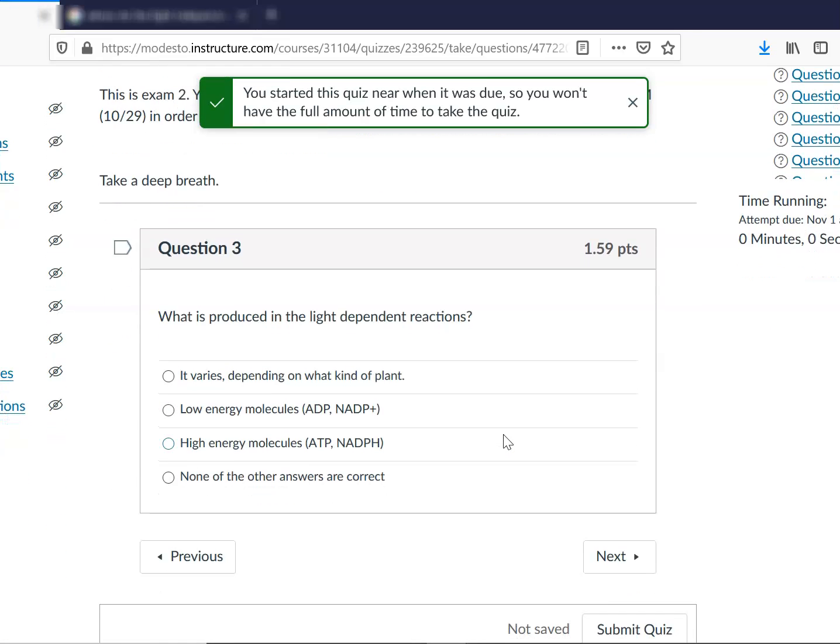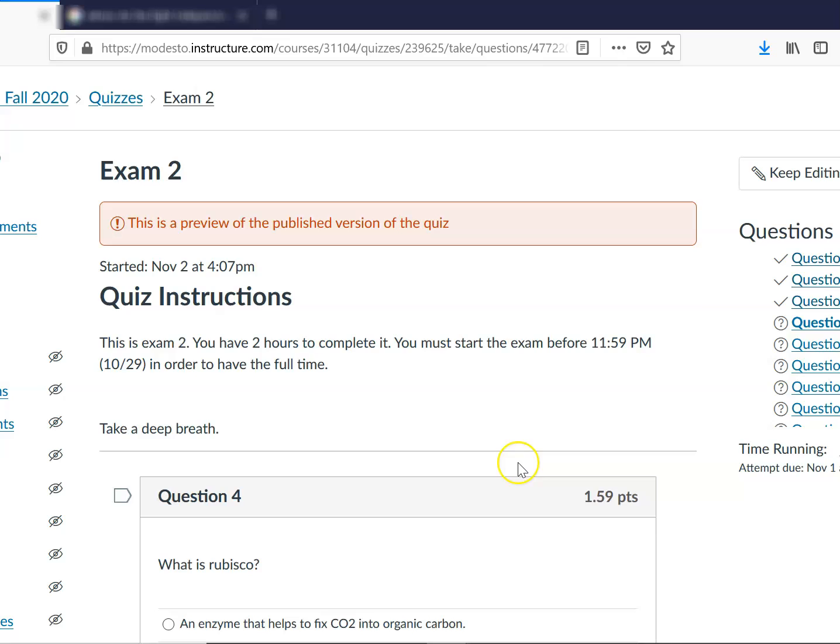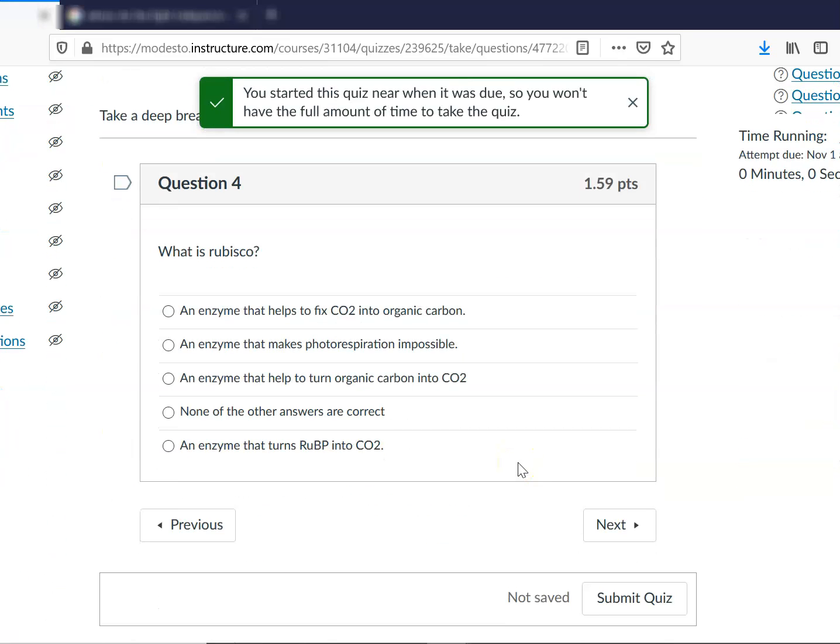What is produced in the light-dependent reactions? Remember, in the light-dependent reactions, we're making the high-energy molecules that are going to power the light-independent reactions. We're making ATP and that electron carrier, NADPH. What is Rubisco?